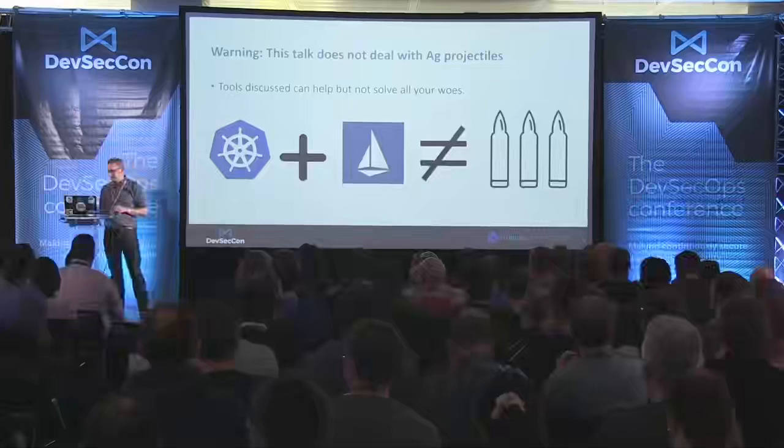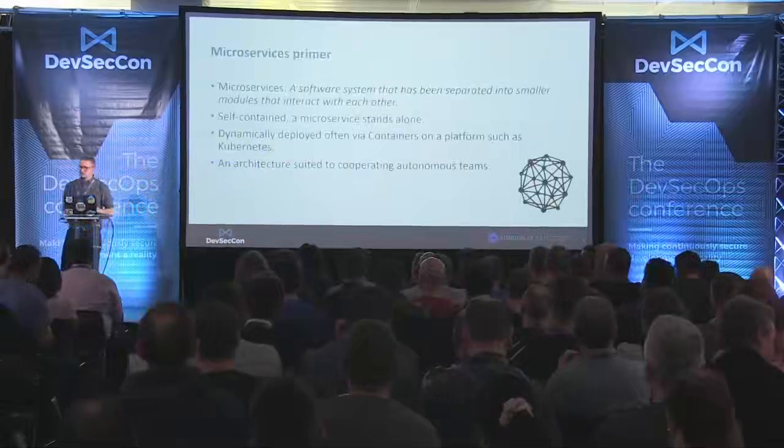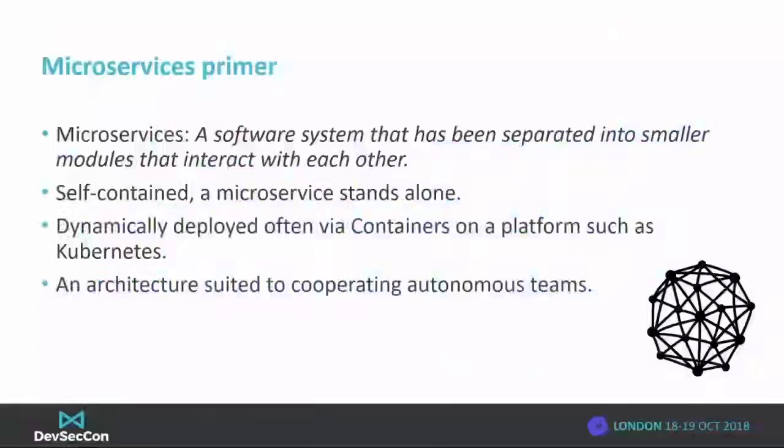Fantastic. Right. So let's have a very quick primer on what microservices are, from my opinion. Currently, a lot of development is focused at microservices, and there's a number of reasons for that. So what is a microservice? It stands alone. It's a small piece of functionality that has been derived from a bigger function, a bigger service.